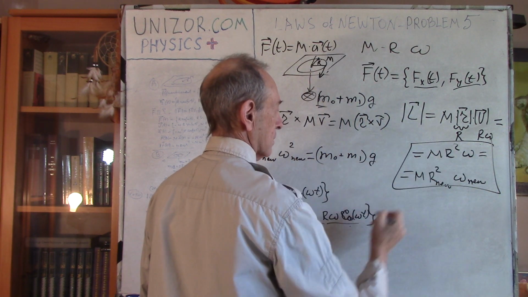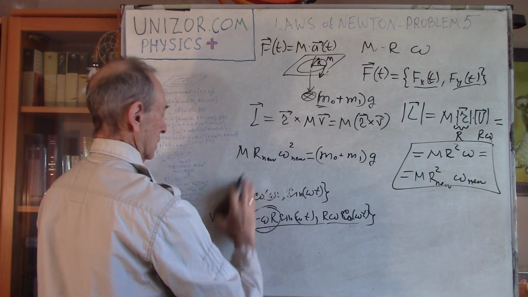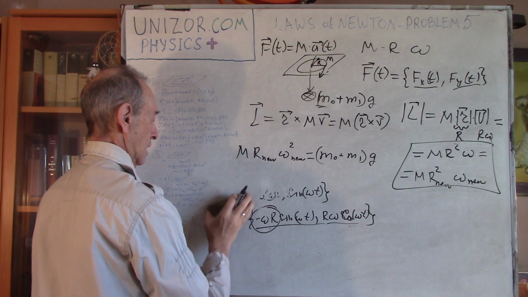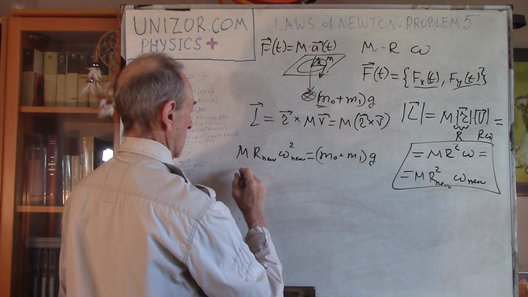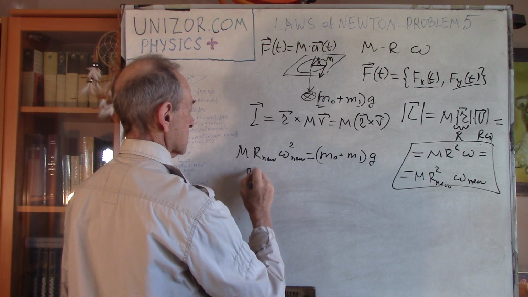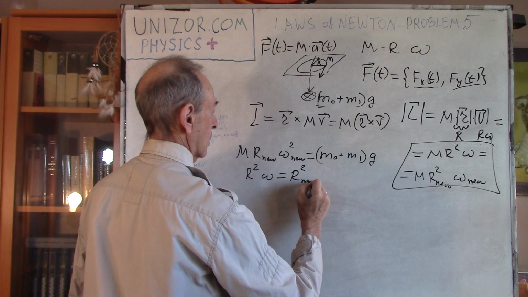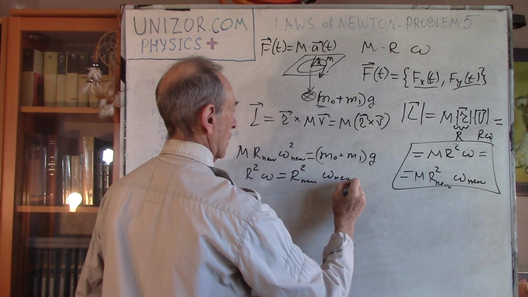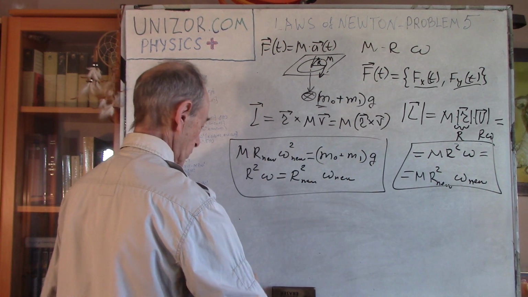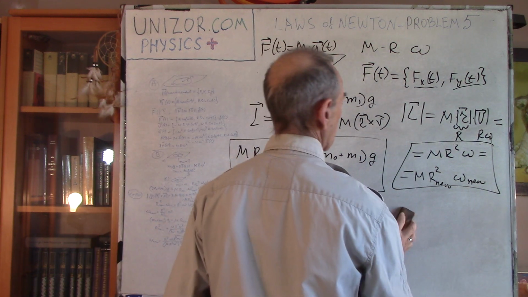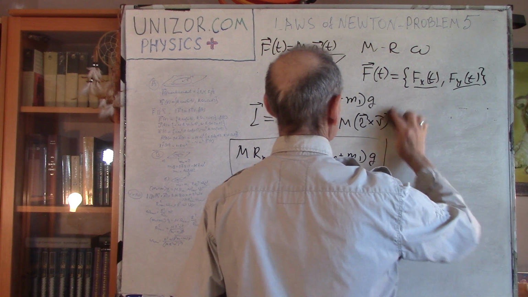Well, from which mass obviously can be cancelled out, and what I have is the second equation, r squared omega equals r squared nu omega nu. So I have a system of two equations with two unknowns, and all I have to do is just plain algebra and solve it.